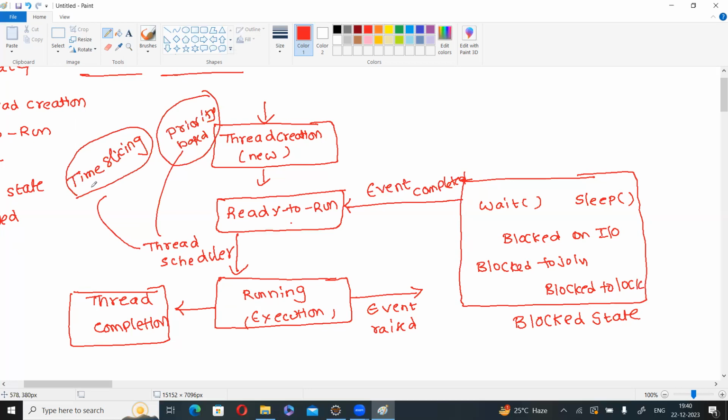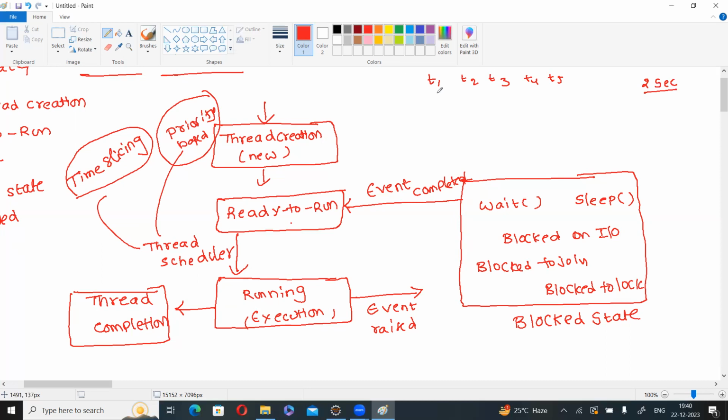First, what is meant by time slicing? Time slicing means all the threads are executed simultaneously based on some time. For example, in my system, I have T1, T2, T3, T4, T5. Five threads are there. I give a time slice of 2 seconds.